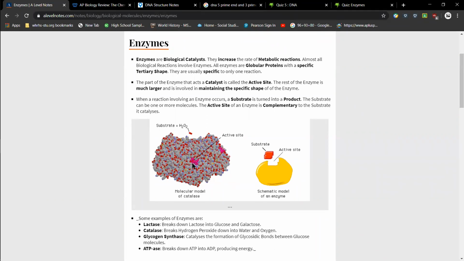Remember that enzymes are super specific. If a lactose molecule tries to bind to hexokinase, it won't be able to. But glucose can bind perfectly into the hexokinase enzyme, and lactose can't. So enzymes are really, really specific.